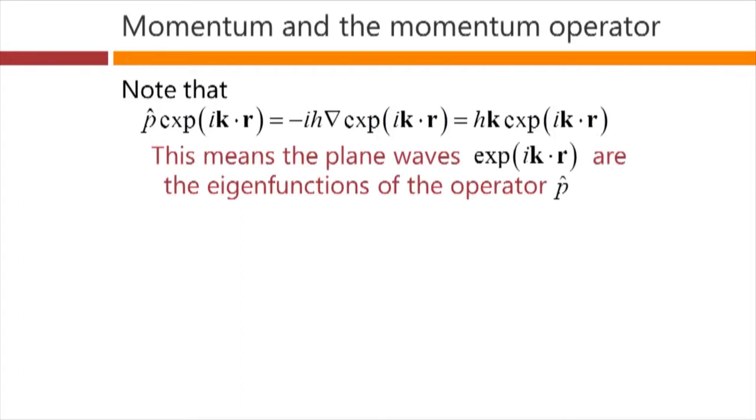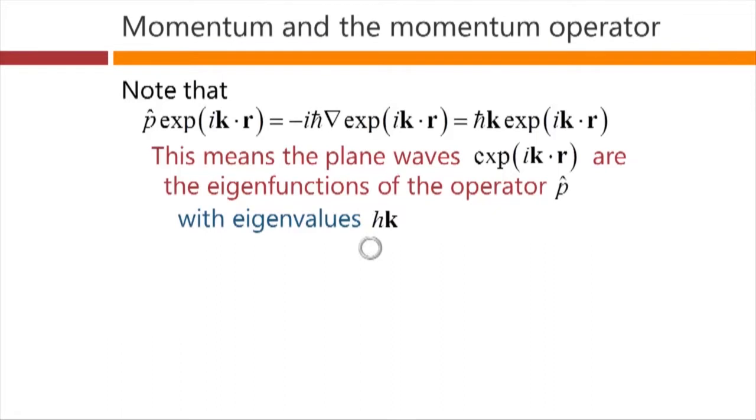Well, that means that these spatial plane waves are actually the eigenfunctions of the operator P. And they have eigenvalues h bar k. Why do we say that these plane waves are the eigenfunctions of this operator P with eigenvalues h bar k? This is a vector eigenvalue, but that's a detail.